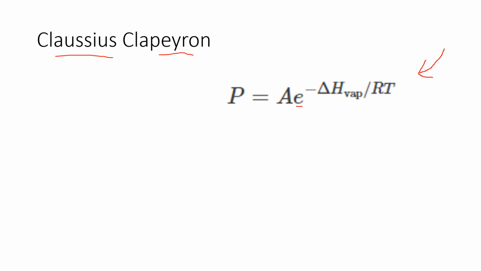It should be available on your calculator, and you should have done exponential functions by now. And e is raised to the negative delta H of vaporization divided by R, that's our typical gas constant, T is our temperature in kelvins.